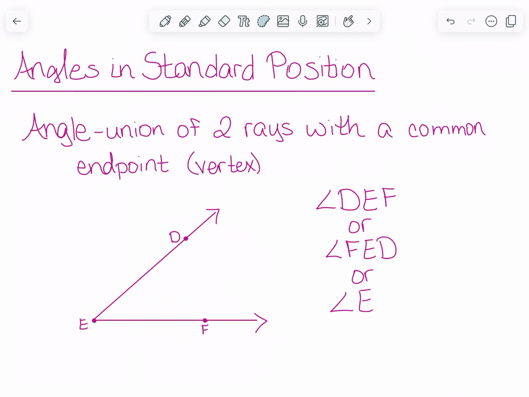So this angle could be called angle DEF or angle FED. As long as the E is in the middle, which one comes first and which one comes third doesn't matter. And if it's not ambiguous, we often will call this just angle E.